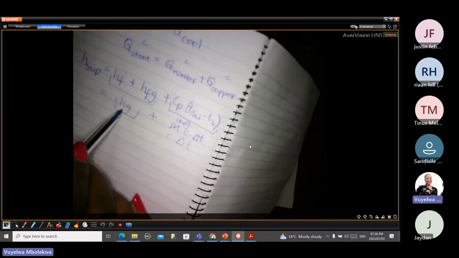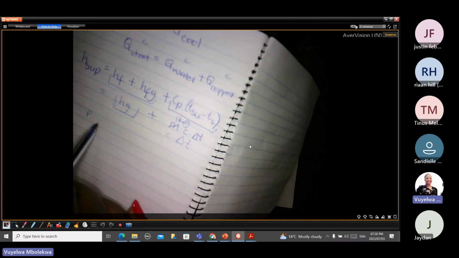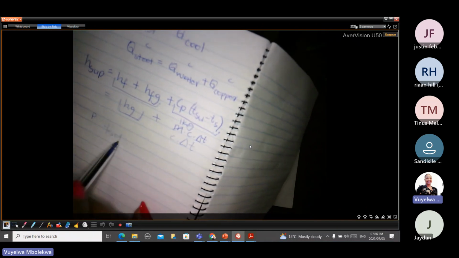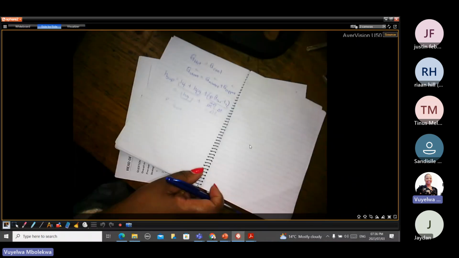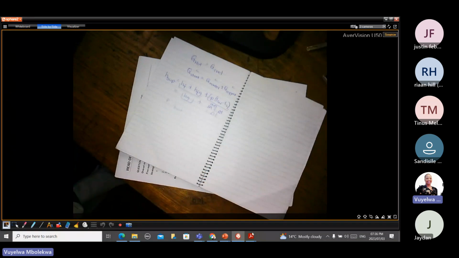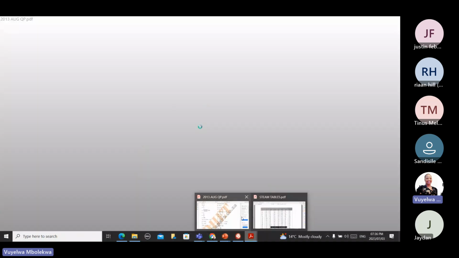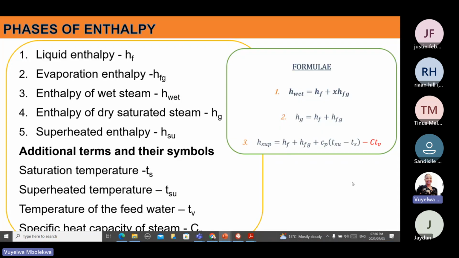And this side is your enthalpy of dry steam, which you can just get from the table using your pressure or your saturation temperature, whichever is needed. If they want you to calculate the enthalpy of superheated steam, they will have to give you the temperature of the superheated steam, which we call Tsu, the superheated temperature.